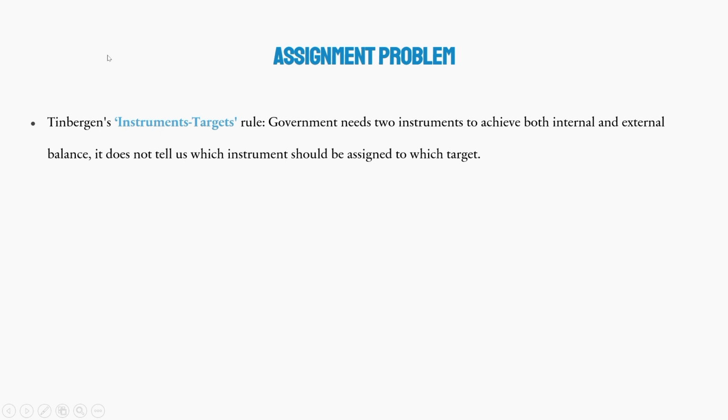After gaining the knowledge about the Swan diagram, we will proceed to the assignment problem. The assignment problem basically shows the problem of choosing the right instrument for the right goal. As per the Tinbergen instruments-goals rule, government needs two instruments to achieve both internal and external balance. It does not tell us which instrument should be assigned to which target.